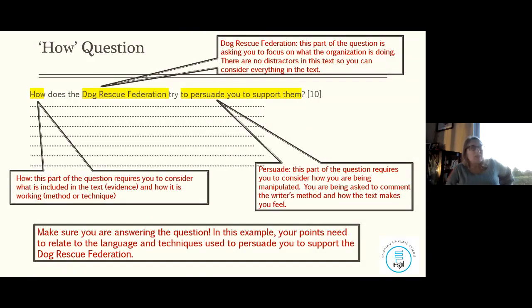So we're going to have a look at the question. So this again is related to dogs. Okay, so how does the Dog Rescue Federation try to persuade you to support them? So the Dog Rescue Federation is a charity.